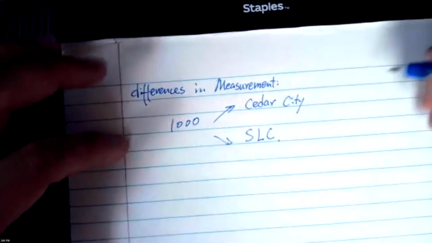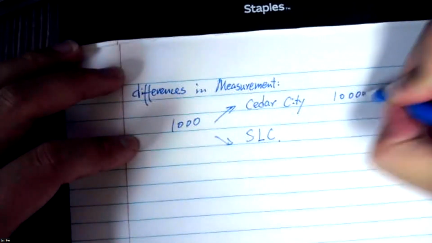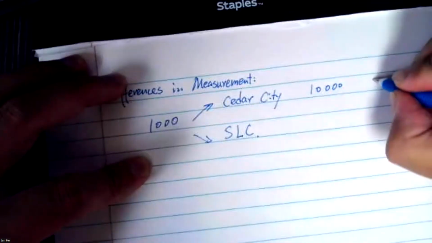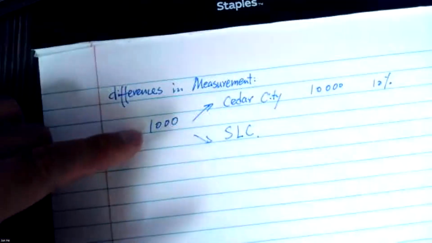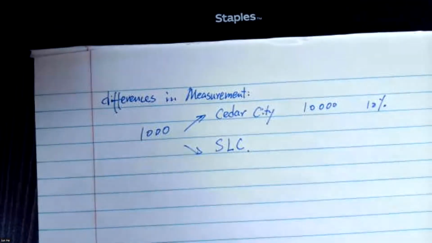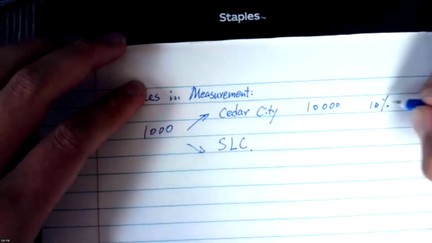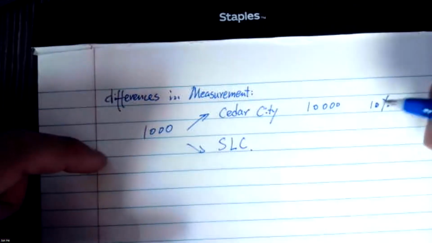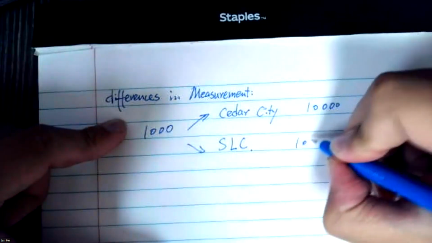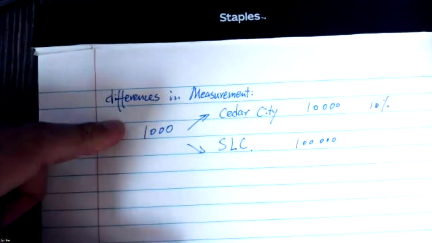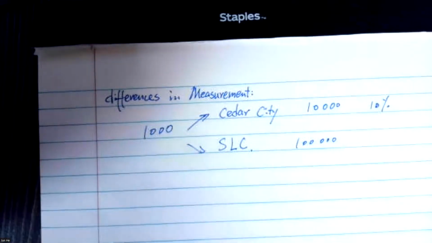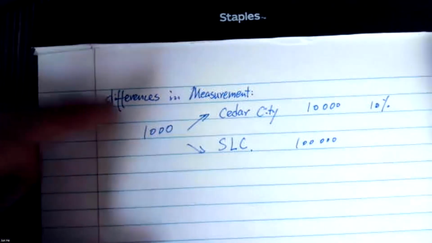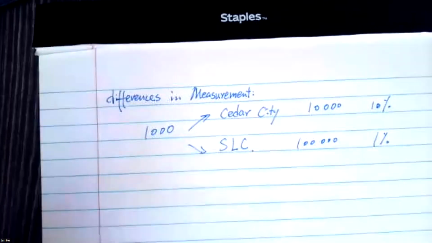If Cedar City has 10,000 people, then this 1,000 inflow will cause population to grow by 10%. But say if Salt Lake City has 100,000, right? Then it's only 1%.